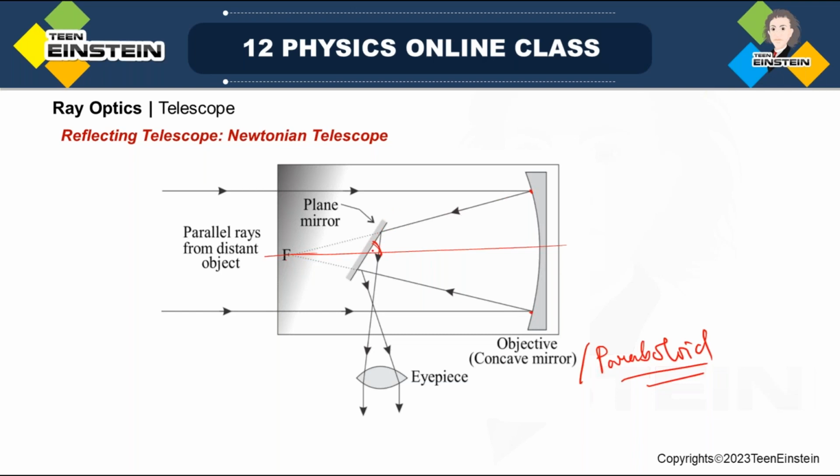A plane mirror was kept just before the focal point. See, this is the focal point.